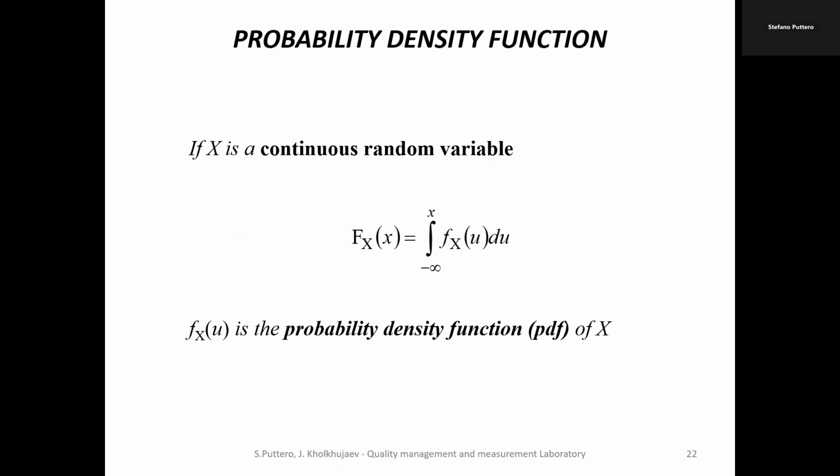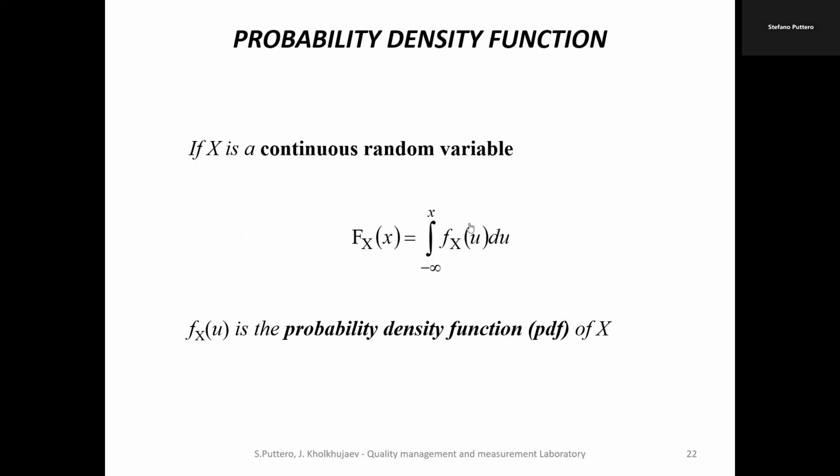With a continuous random variable, we introduce the concept of probability density function, also called PDF, which, as shown in slide 22, is related to the cumulative distribution function by using the integral from minus infinity to the value of x, which we are considering, of the probability density function fX of u, du.